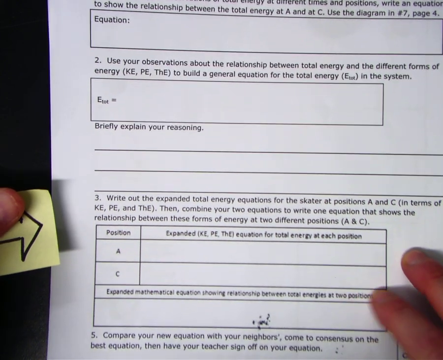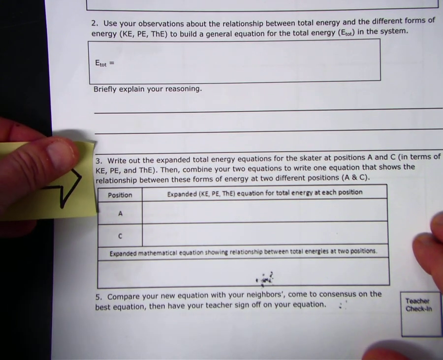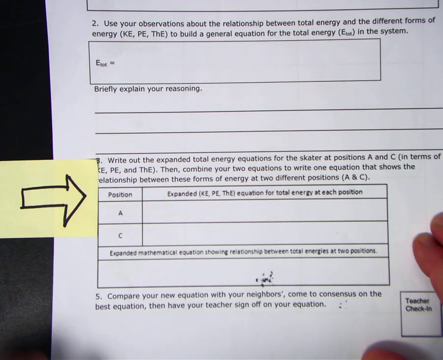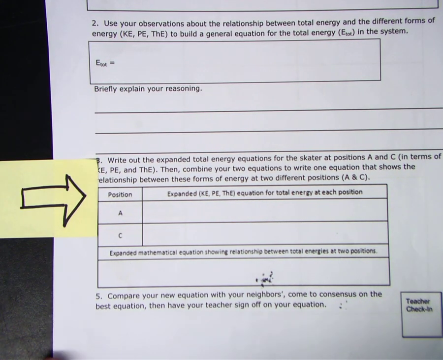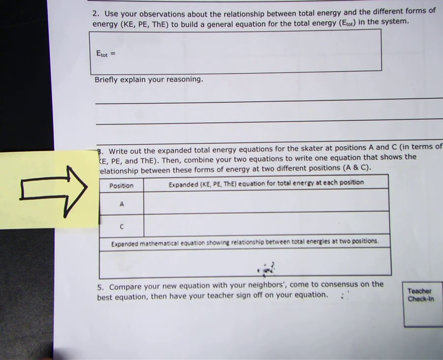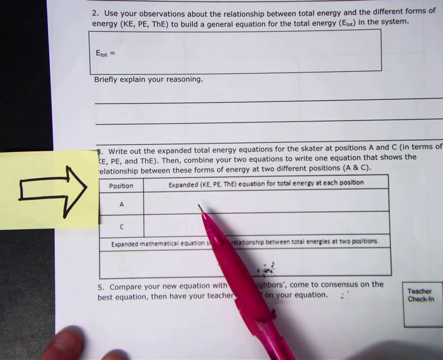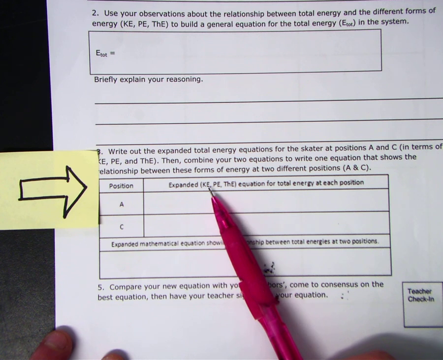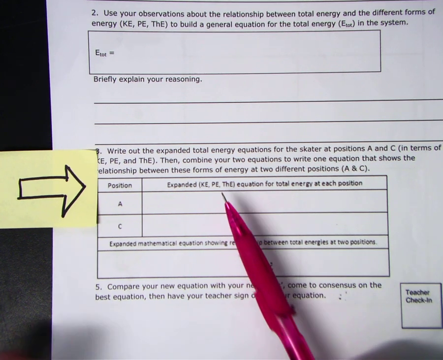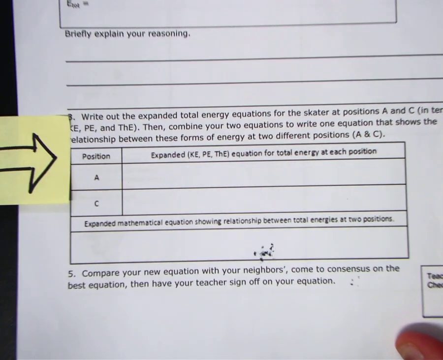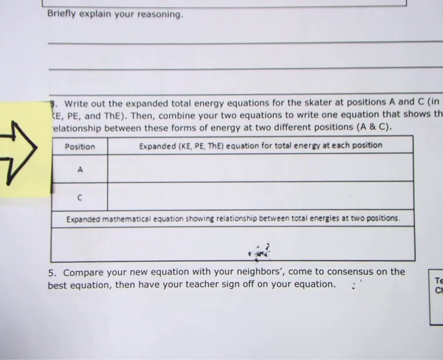Okay, number 3. Down here, we're going to expand for 2 different positions. Position A, they want the expanded total energy in terms of the kinetic, potential, and thermal for position A. So I'll do A for you.